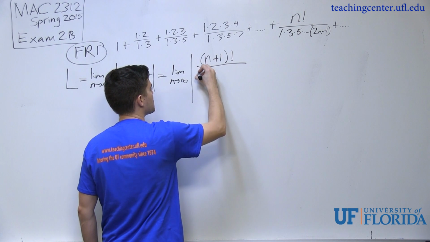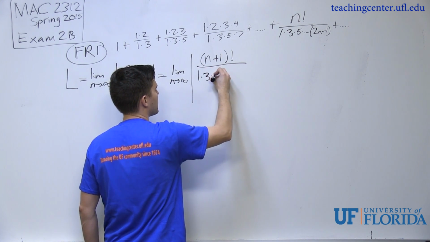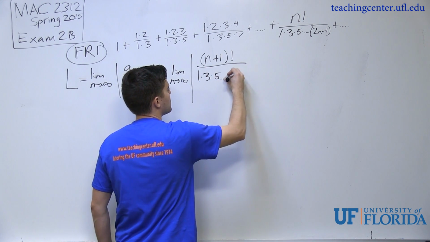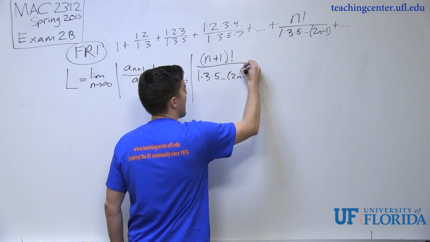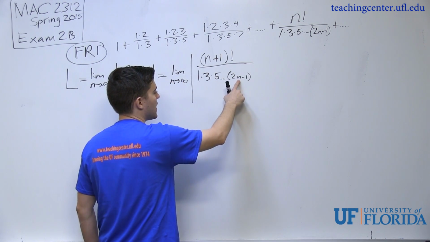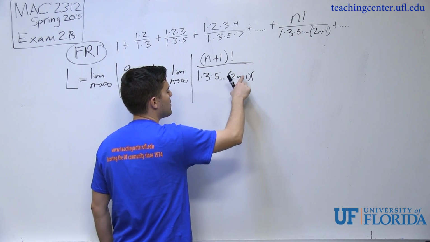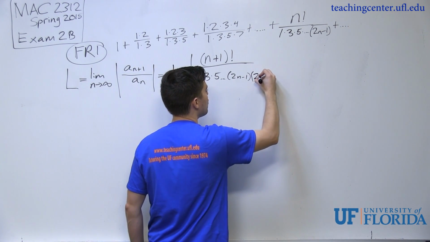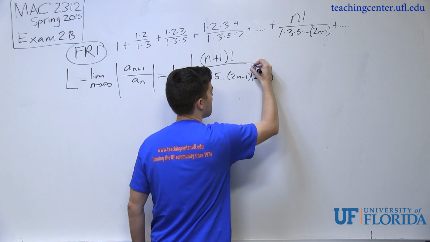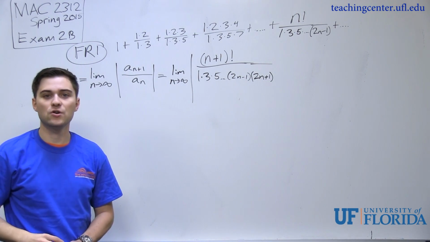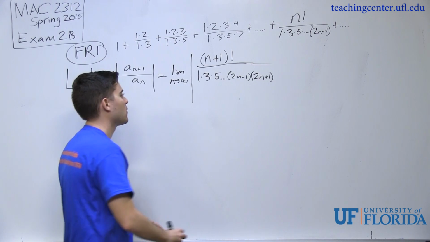So the next term in the series would be 1 times 3 times 5, 2n minus 1, and then if I plug in n plus 1 into this term, I can get the next term. So if I do that, I end up with 2n plus 2 minus 1, so 2n plus 1 is the next term in that series.